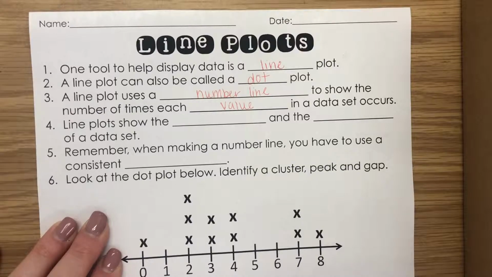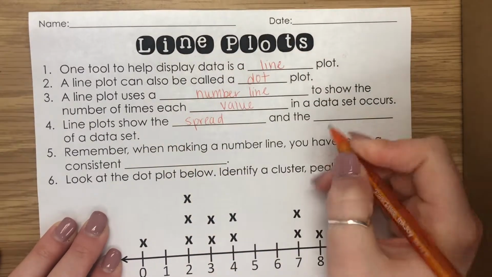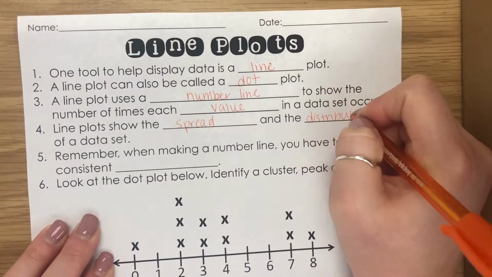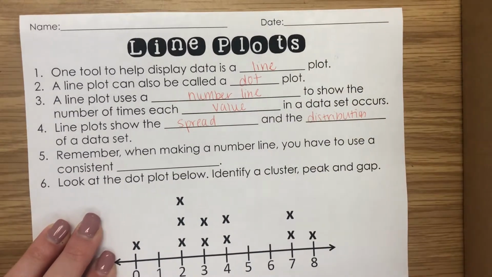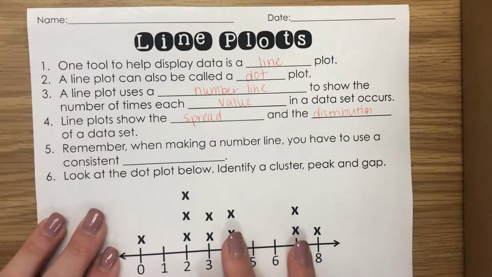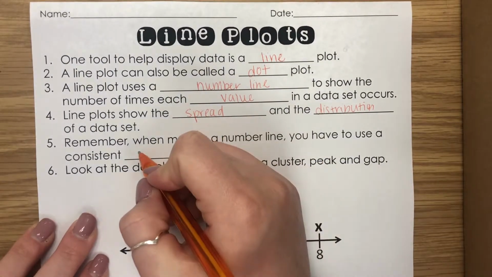Number 4 says, line plots show the spread of the distribution of a data set.